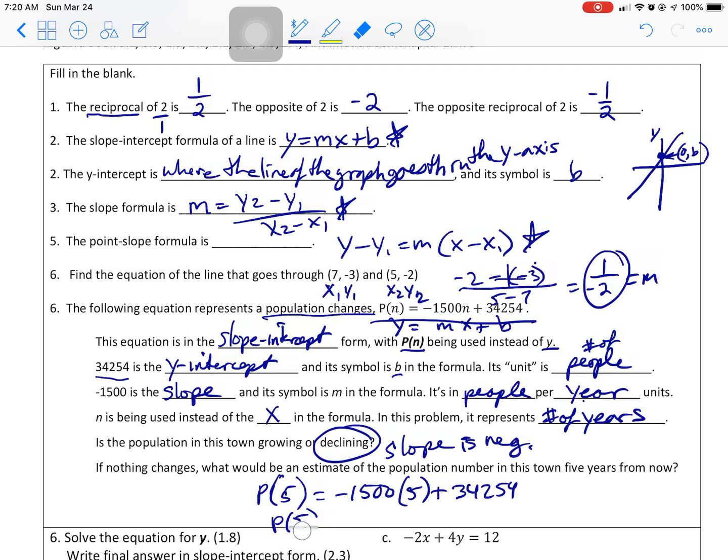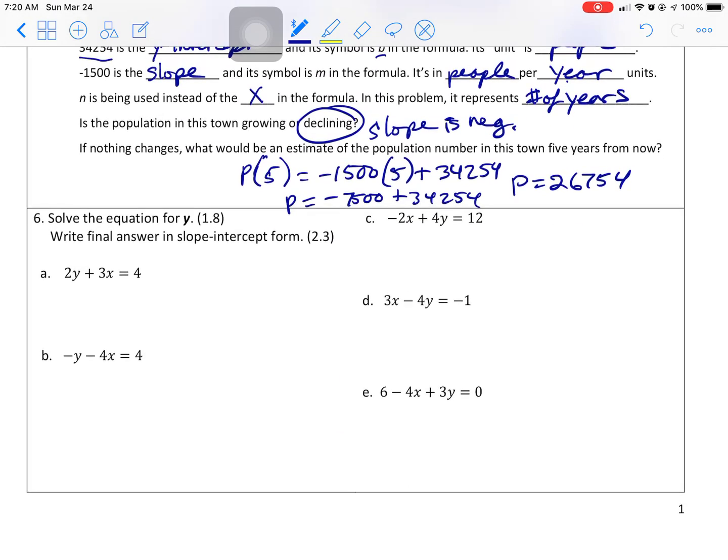That's just function notation, right? The whole thing stands for a y, but we're going to put P in this problem. So you put this all together, crunch order of operations, multiply this first, add that to it, and P is going to give you the population in 5 years, that many people, okay?